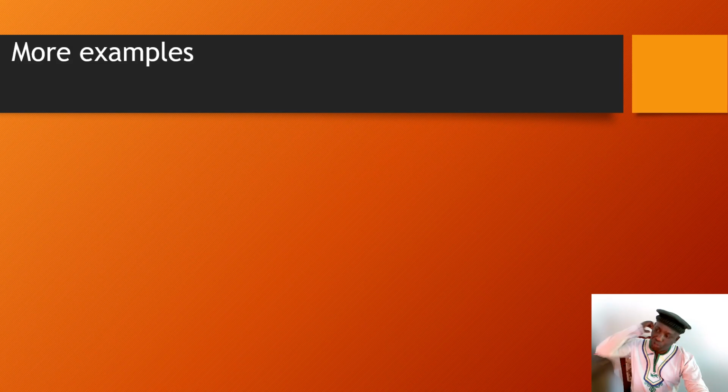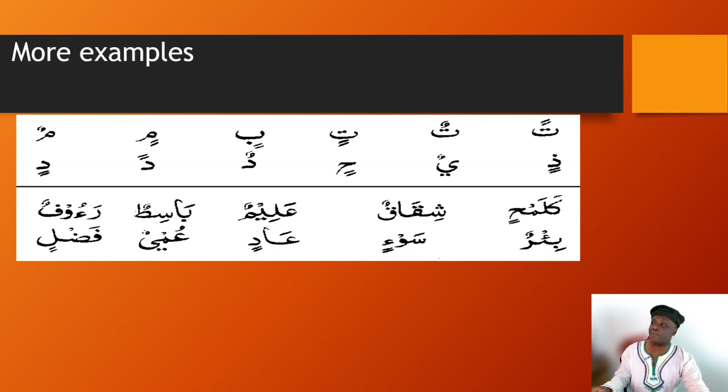Let's go for more examples so that we can see more of these. Okay. Now here again we have tan, tun, tin, ban, bin, bun, min, mun, din, yun, hin, dun, dan, din.